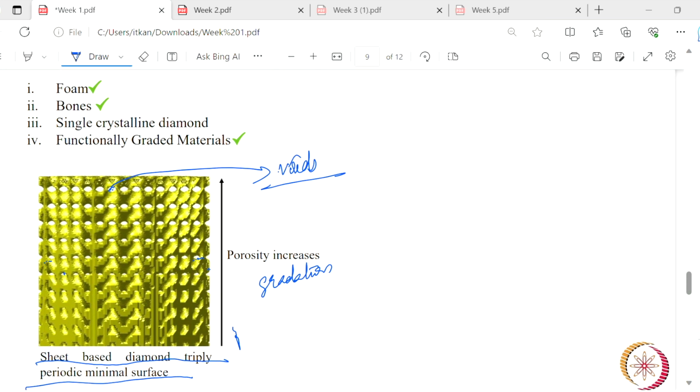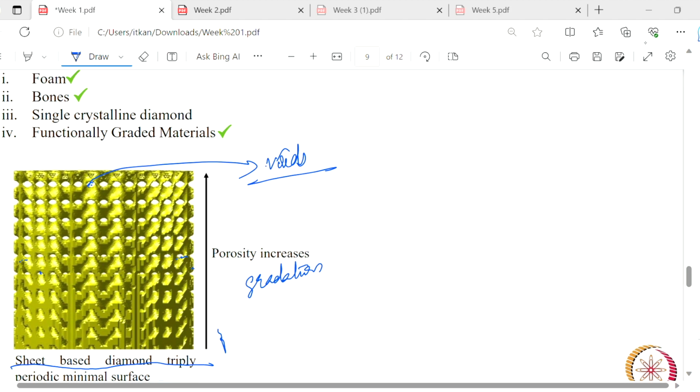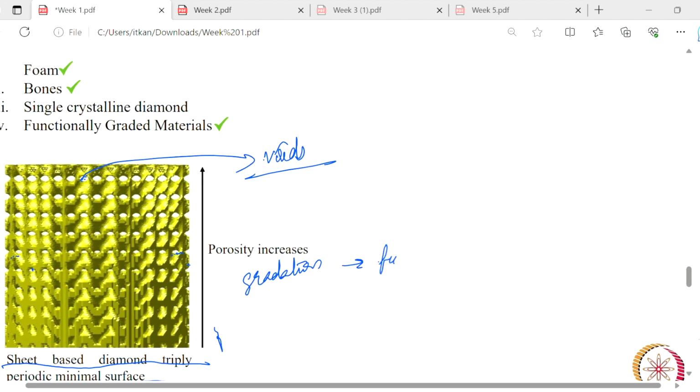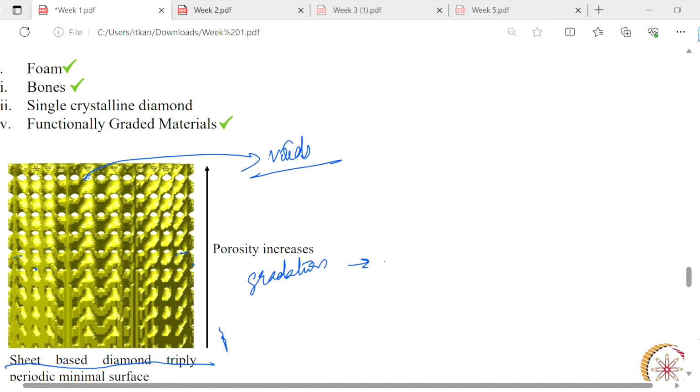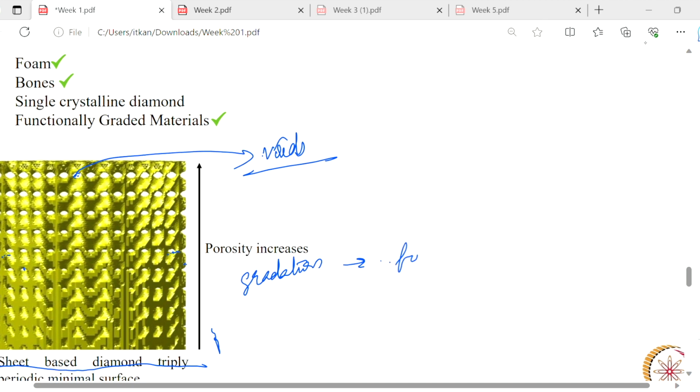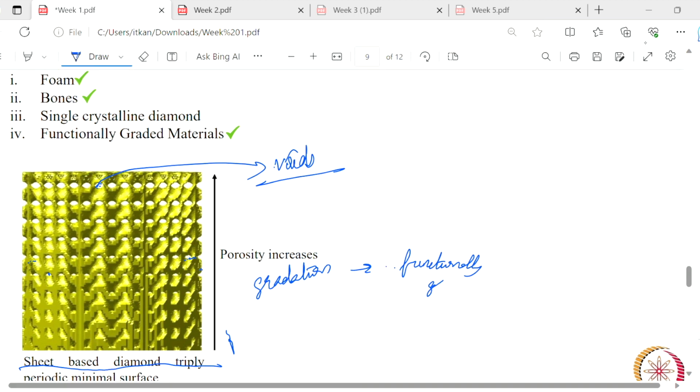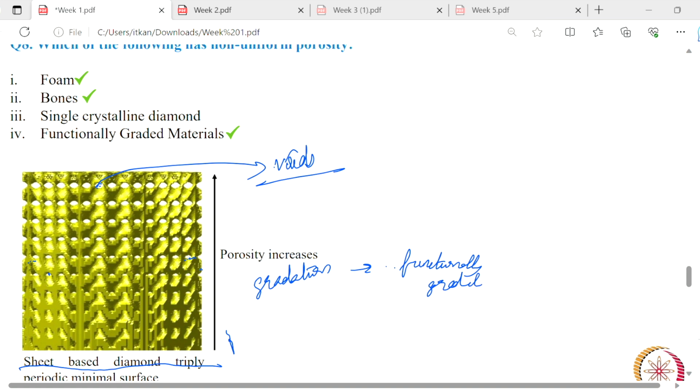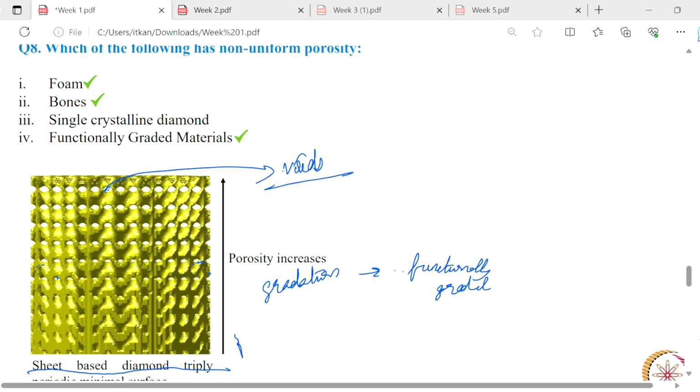This is the term known as functionally graded. Now your diamond is single crystalline, but your bones and foam are also functionally graded. That is, the porosity varies from one point to another.